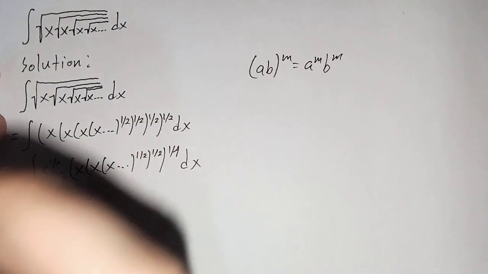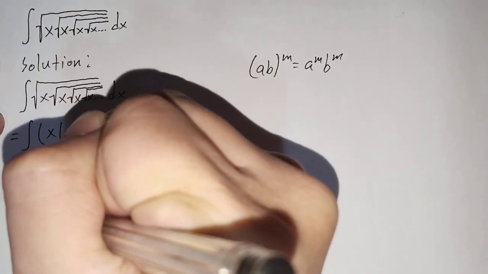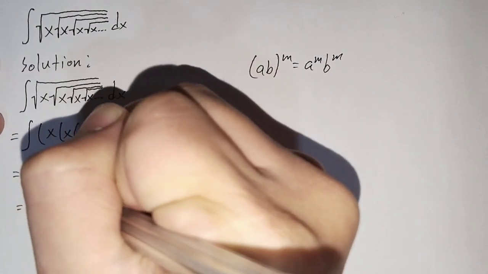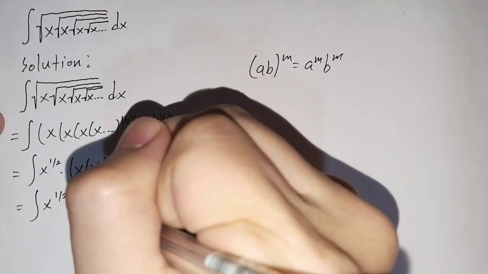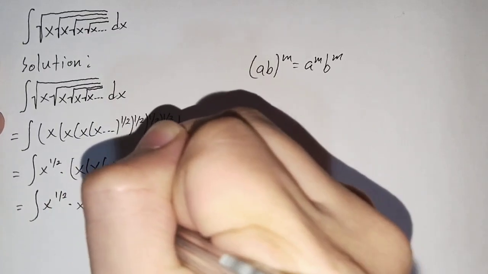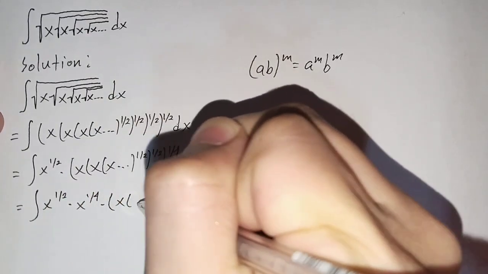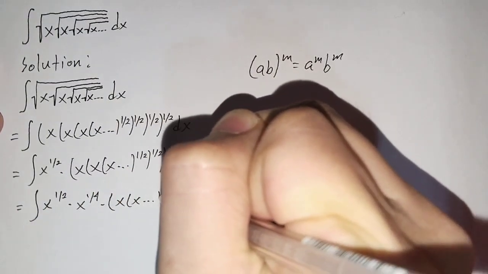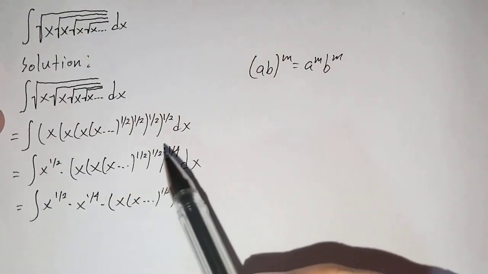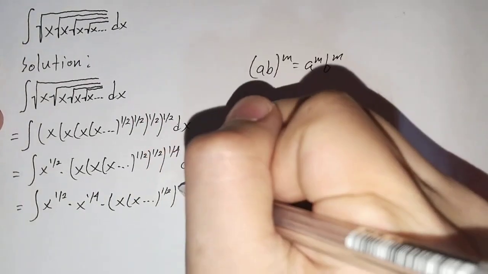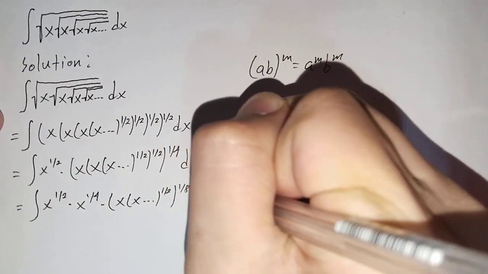So applying it again, this will become the integral of x raised to 1/2 multiplied by x raised to 1/4 multiplied by x all the way up to infinity, raised to 1/2 times 1/4, which is 1/8, with respect to x.